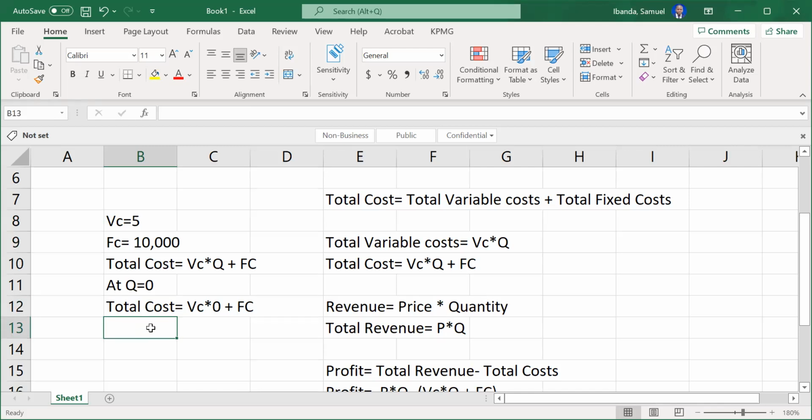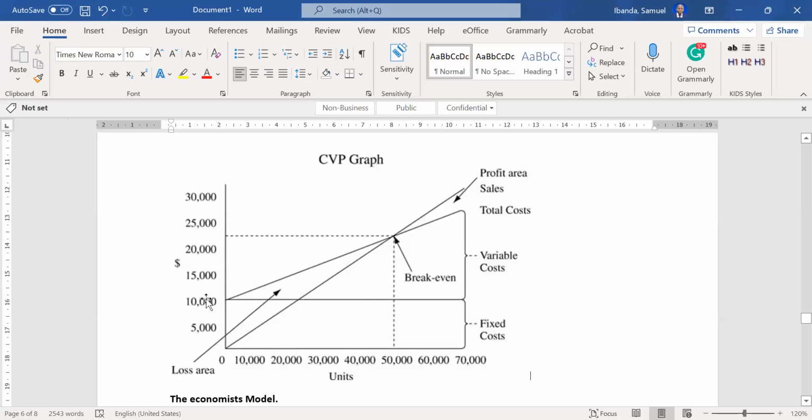So at the end of the day, your total cost at quantity equal to 0 is actually equal to the fixed cost, because any number times 0 is 0. That is what is happening here. And that is why, when we are starting our curve here, it starts at 10,000 already, and they have called this the fixed cost. The distance from here to here is the fixed cost.